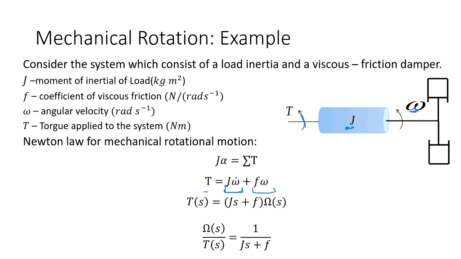That is it. We know that this is J. When you take the Laplace transform, this becomes s times capital omega, and this becomes f times omega. Then we can collect like terms and write the transfer function. You see, straightforward.